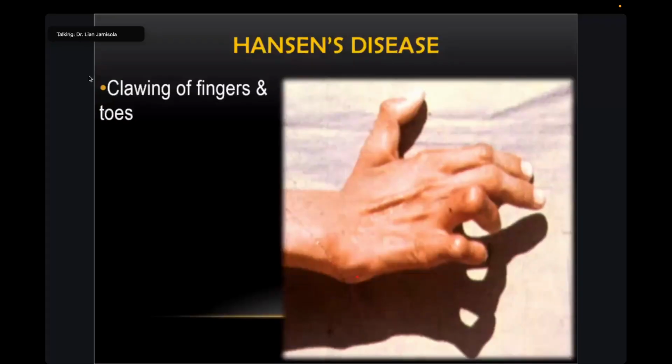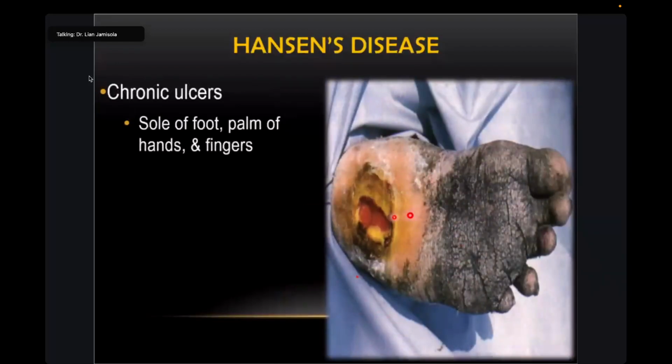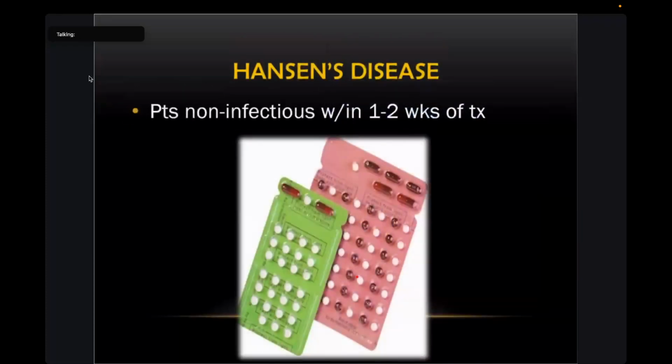When there's already extensive nerve involvement, pwede kang may clawing of fingers and toes, chronic ulcers because they don't feel it eh. Tapos pag nasugat na sila, nag-infect na they don't know, no? So it can happen on the sole of the foot, palms of hands and fingers. Okay. Once we give this medication, the patient would be non-infectious within 1 to 2 weeks of treatment.